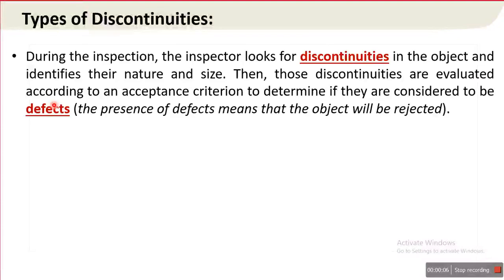So before going towards the type of discontinuity, let us discuss the difference between discontinuity and defect. As far as the evaluation of a component with the ultrasonic method is concerned, multiple responses come on the screen, as the component has multiple disturbances, or it is a crack, or it is a minor porosity.